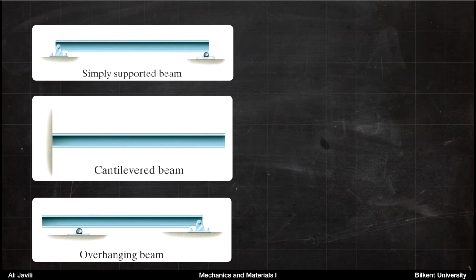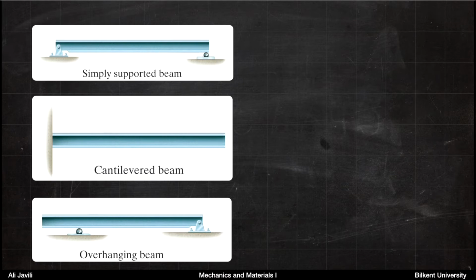But you can also have a cantilevered beam where the support can give you an axial or horizontal force, a vertical force, but also a moment. Here you see again you have 3 unknowns and 3 equations, so that is also statically determinate.